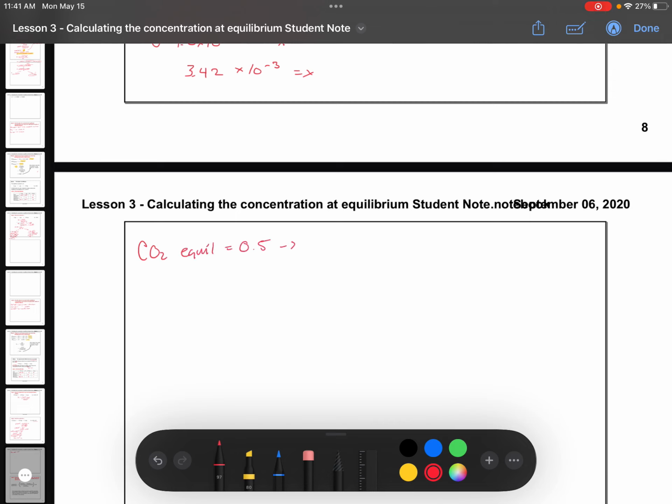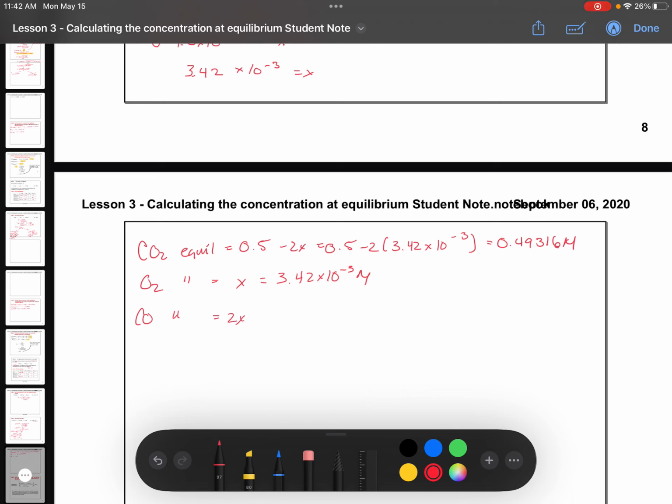Based off of this information, plugging our information in, we will get CO2 equilibrium is 0.5 minus 2x, 0.5 minus 2 times 3.42 times 10 to the power of -3, which is going to give us 0.49316 moles.